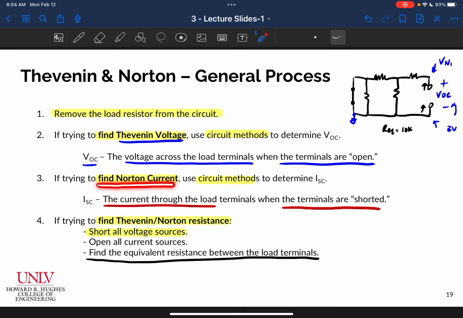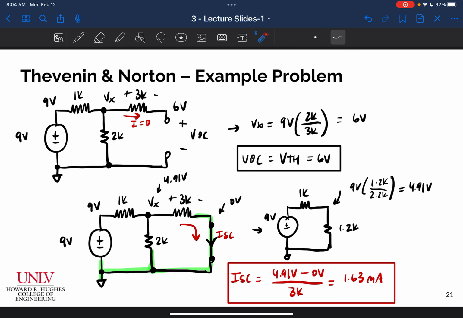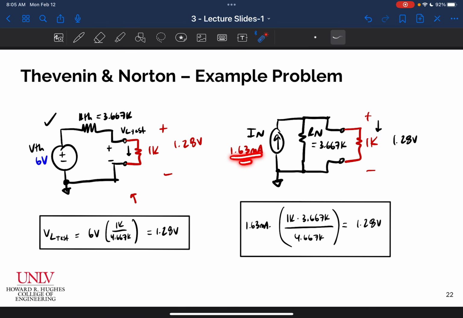To find the Norton current, we used circuit methods to determine the short circuit current, which is the current through the load terminals when the terminals are shorted. We found our load terminals, these two terminals, and we shorted them together, right? And we measured the current, I short circuit, and that's exactly what we found here, 1.63 milliamps, and that was our Norton current, 1.63 milliamps, okay?